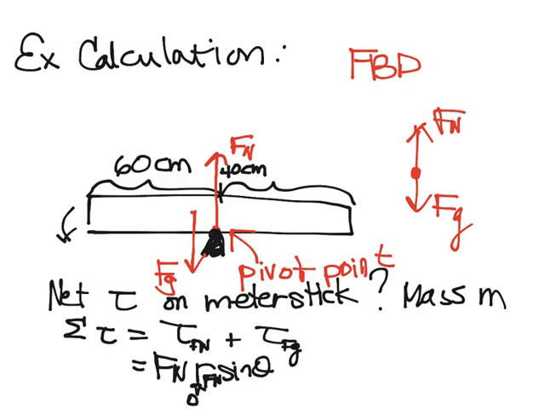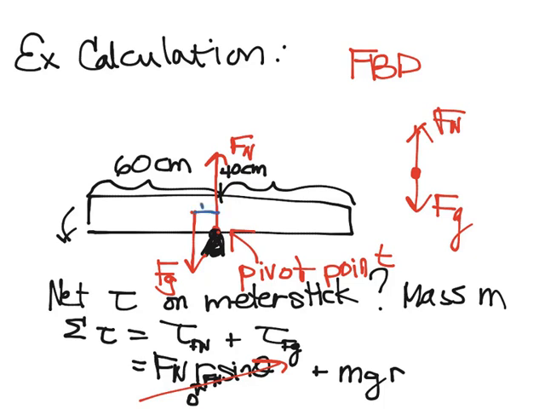Since the radius is 0, that term goes away, plus mg, because that's our force Fg, times r, and then sine theta. It looks like this is acting at a 90-degree angle.